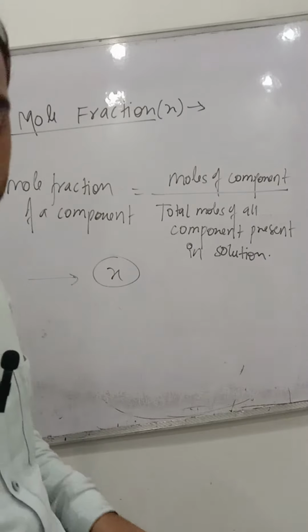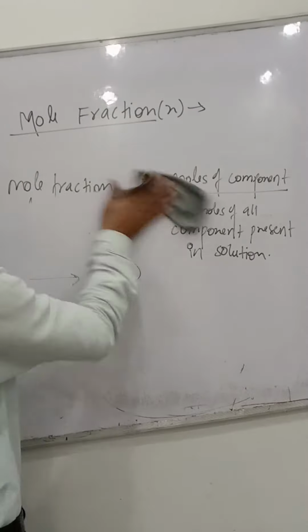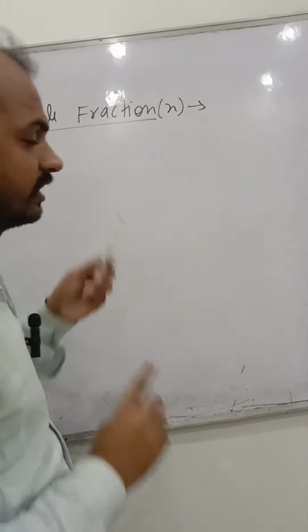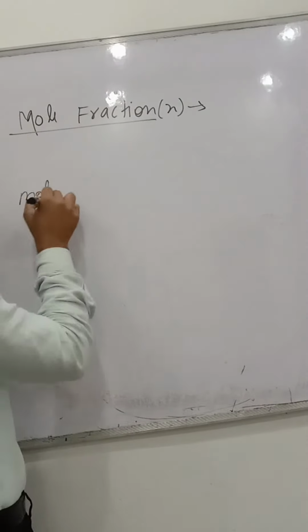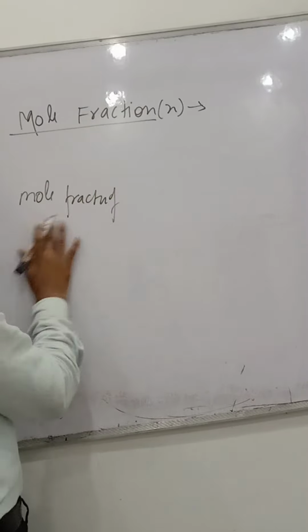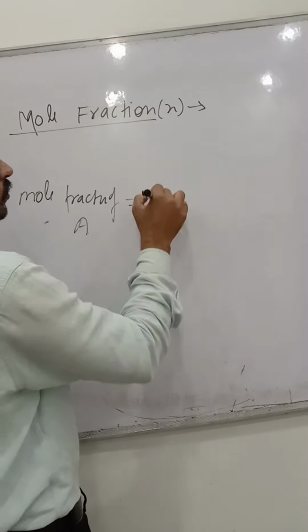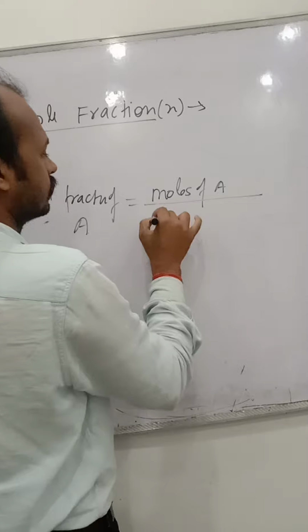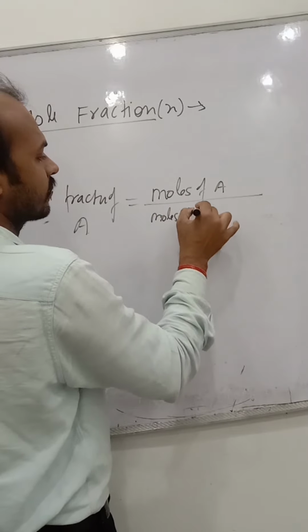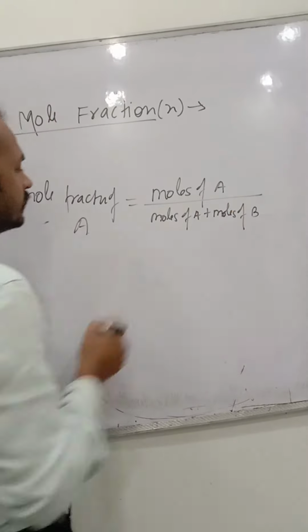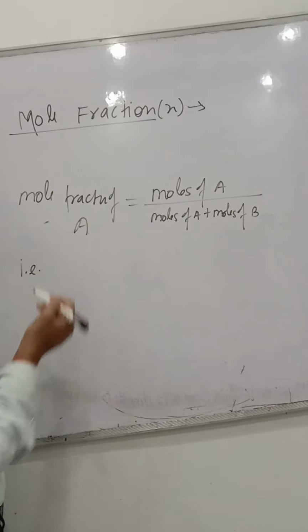Suppose that there are two components in the solution, A and B, and we have to find out the mole fraction of components A and B. Then let's see. Mole fraction of component A equal to moles of A upon moles of A plus moles of B. You can represent it by some symbols.